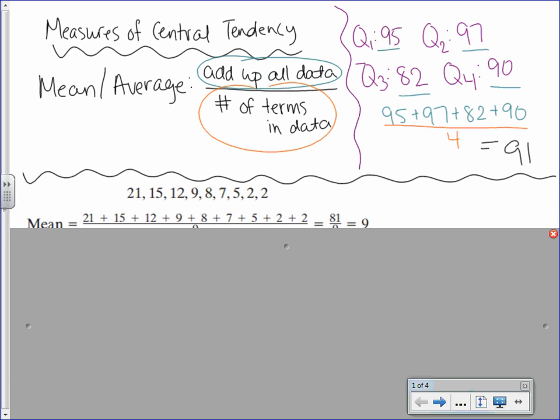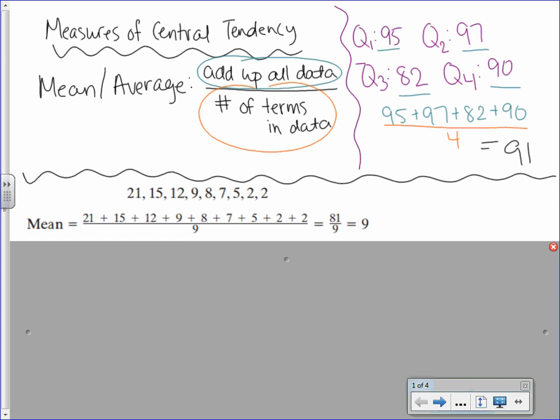We would add up all of this data, and then divide by how many things there were. So I had 1, 2, 3, 4, 5, 6, 7, 8, 9 pieces of data, so that's why I'm dividing by 9. And ironically, I got 9 as a final answer. So the mean or the average of all of that data was 9.